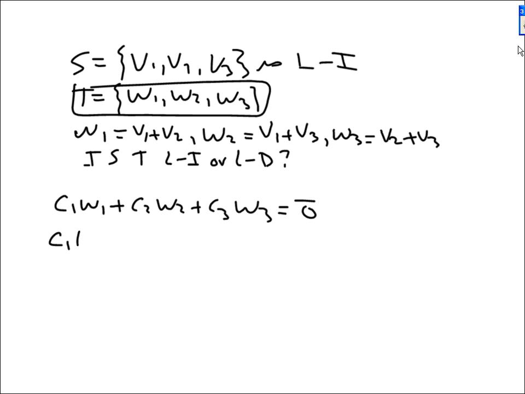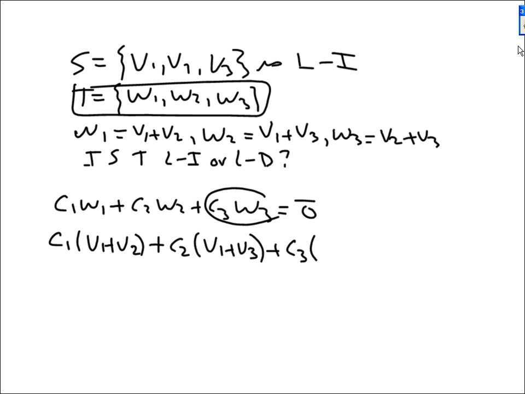Oh, how convenient. C1 times V1 plus V2, plus C2 times W2, which is V1 plus V3, plus C3 times W3, which is V2 plus V3. And this still equals 0.